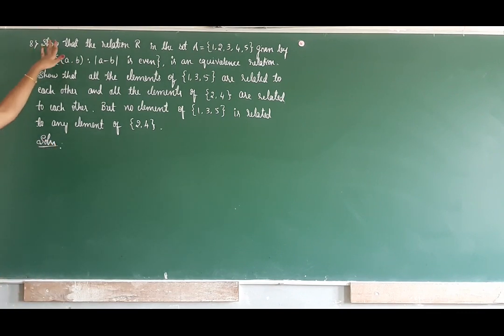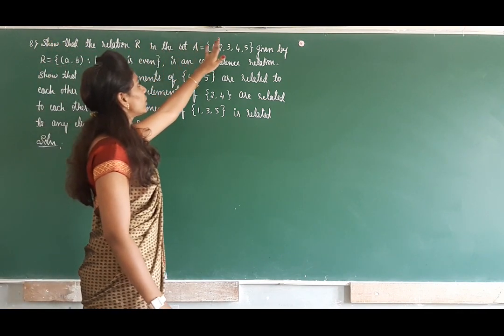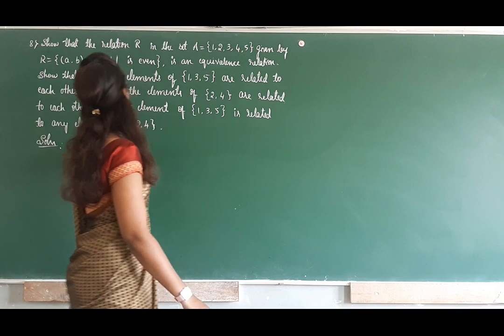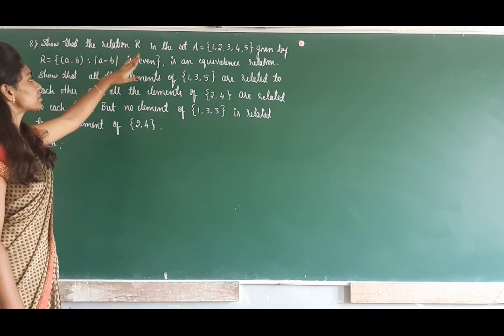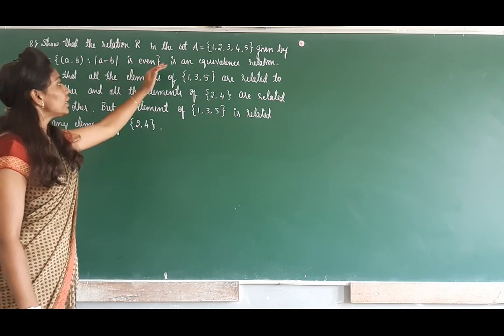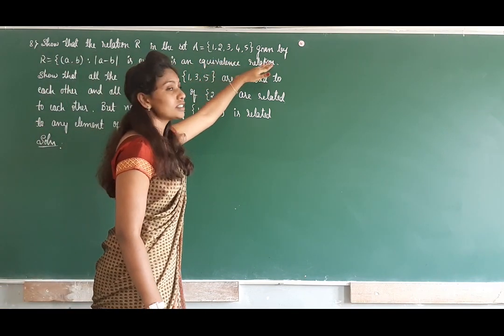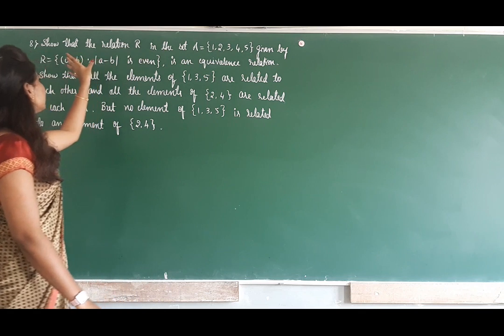See here, the given question is: show that the relation R in the set A equal to {1, 2, 3, 4, 5}, given by R equal to the set of ordered pairs (a, b) such that the modulus of a minus b is even, is an equivalence relation. This is the first part of our question.